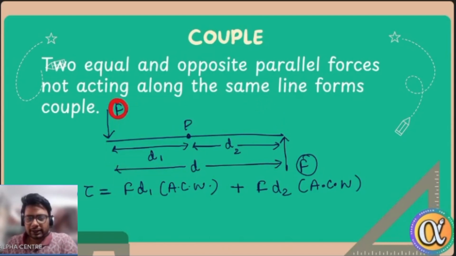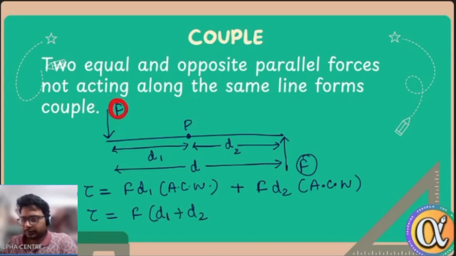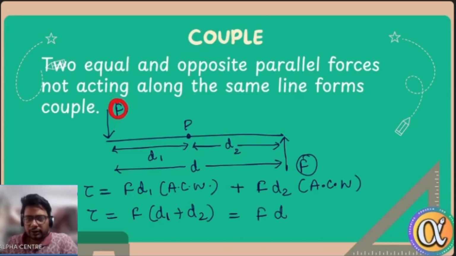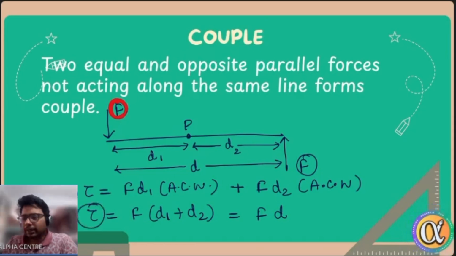Therefore, the total turning effect is nothing but F times D1 plus D2, which is nothing but F into the total distance D. So the net combined turning effect due to two opposite forces which are not acting along the same line is called a couple.